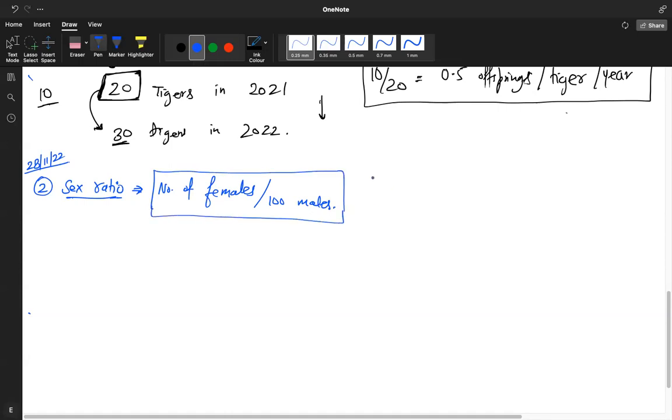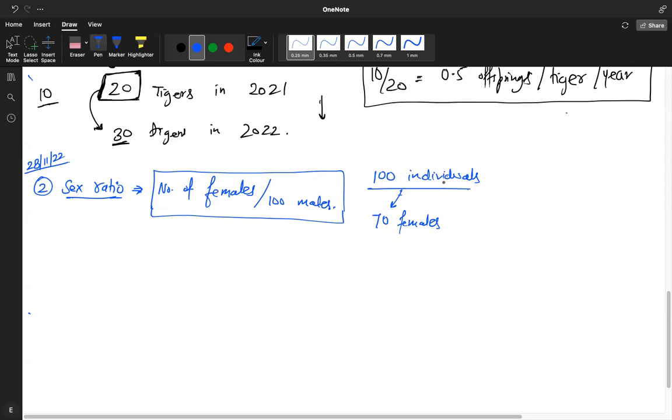Let's say in a population there are 100 individuals, and out of these 100, you know that there are 70 females.